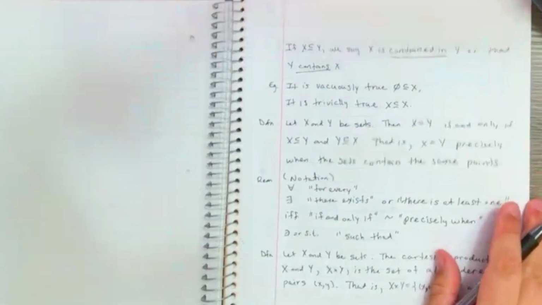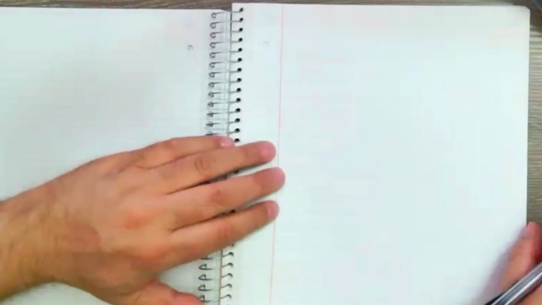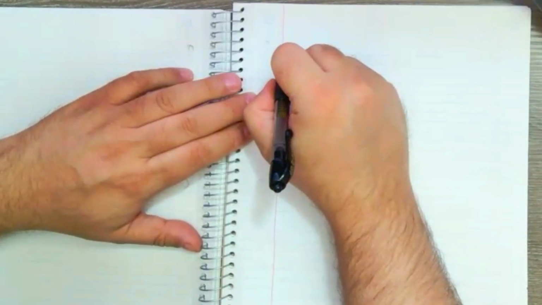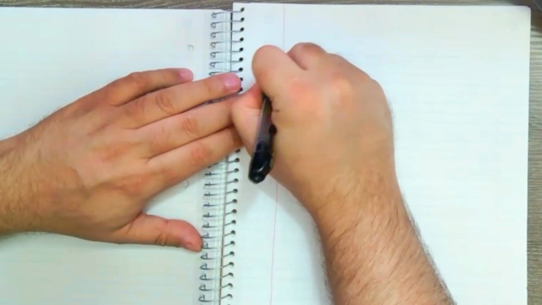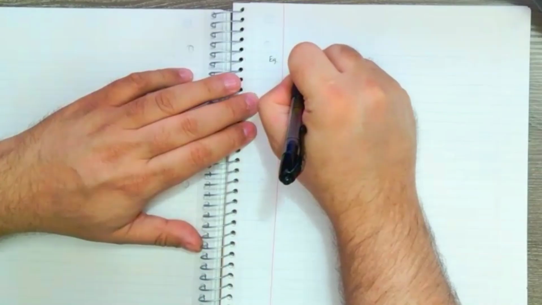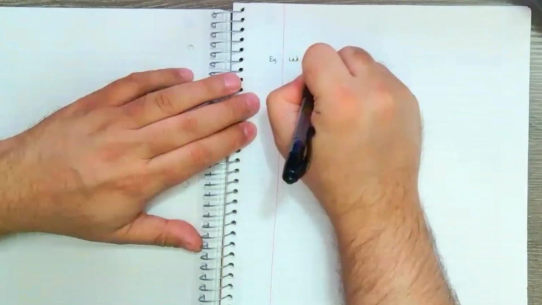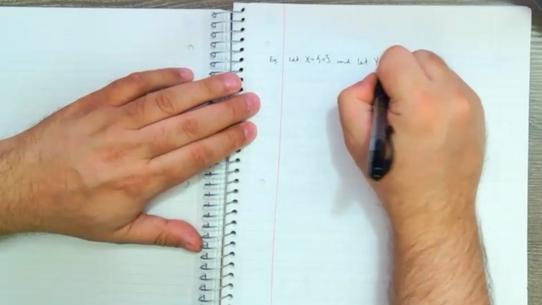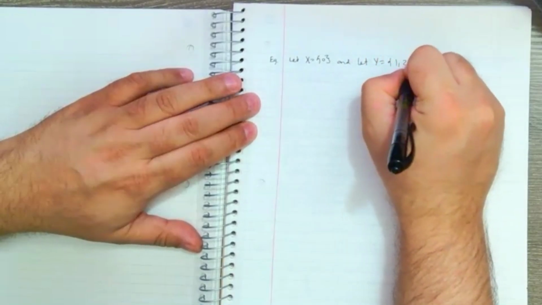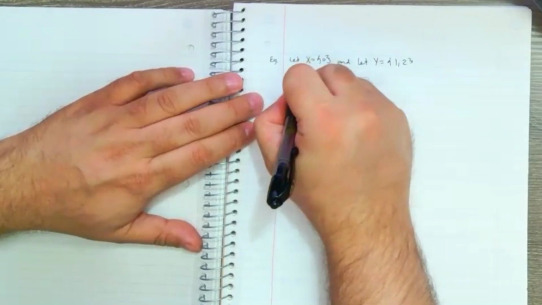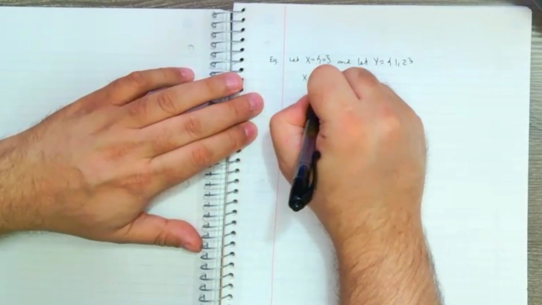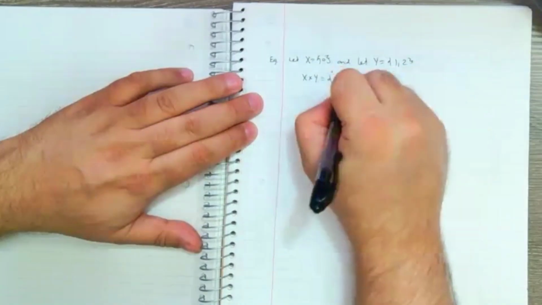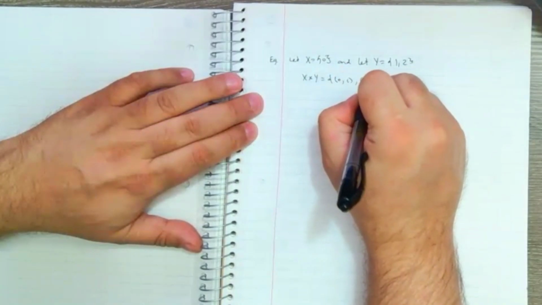So let's look at an example. Let x be the set which contains the number 0, and let y be the set which contains the numbers 1 and 2. Then the Cartesian product of x and y is a set of ordered pairs 0, 1 and 0, 2.